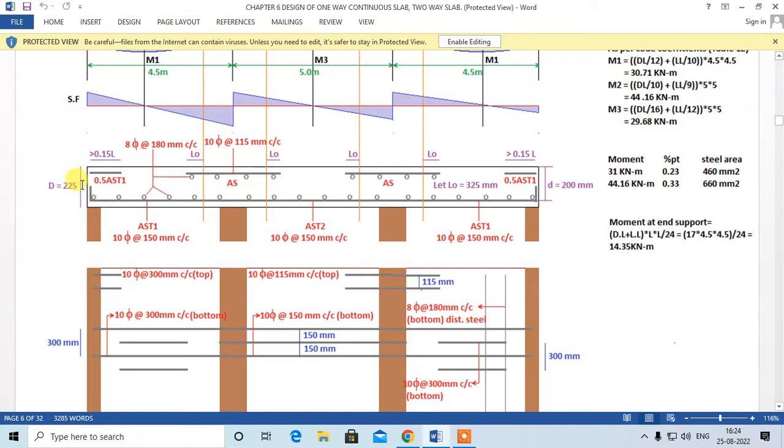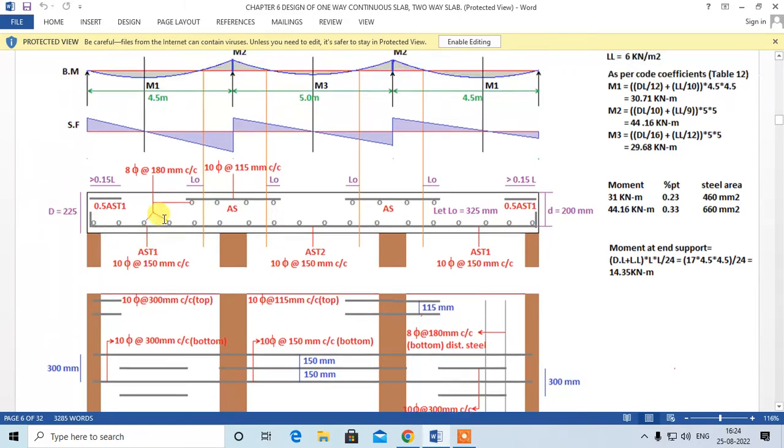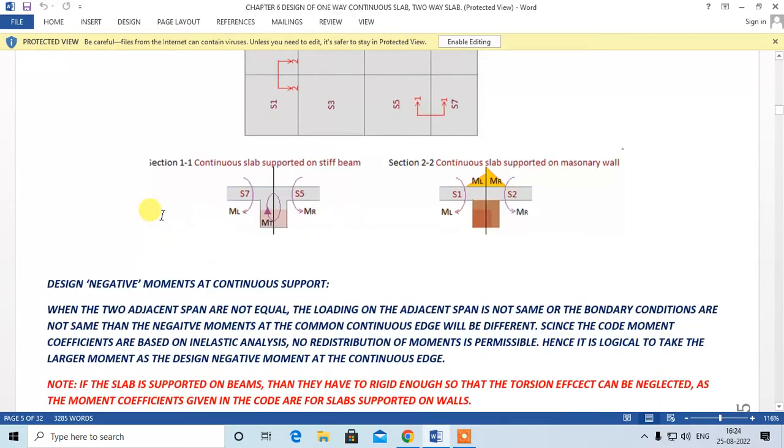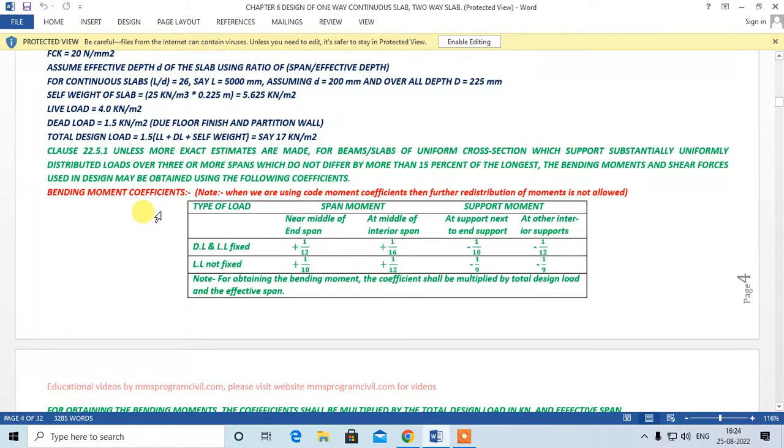That will give you the overall depth, right? And you have to select this to the nearest multiple of 5 mm or 10 mm. Okay, that is what is done in the practical field. So let us move further.